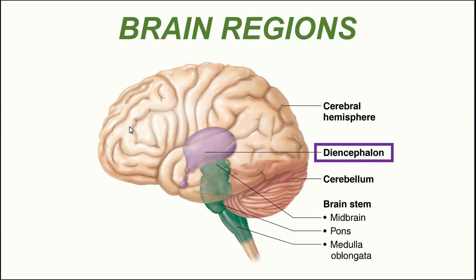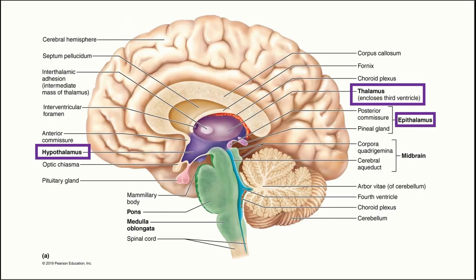So moving on from the cerebrum, we have to look internally to see the remaining regions of the brain. And the second of the regions that we're going to take a look at is a region in the very center of the cerebrum that's called the diencephalon. And this kind of forms the inner core of the brain. And it is almost entirely surrounded by the two cerebral hemispheres around it. So the diencephalon consists of three paired structures.